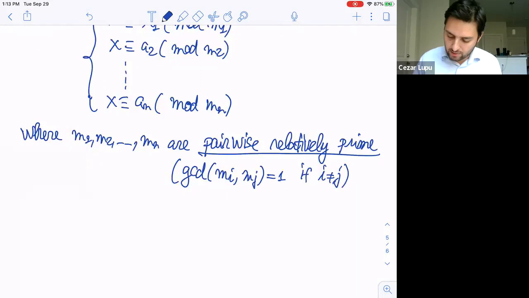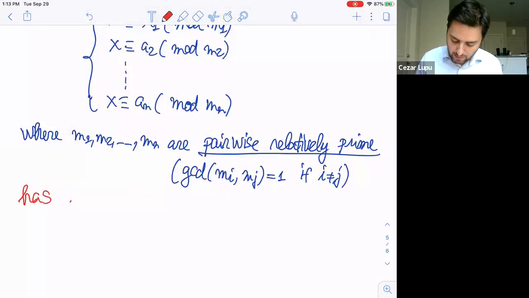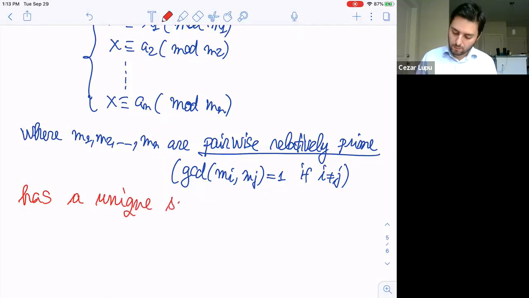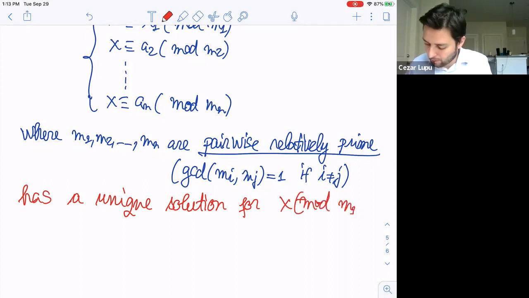So this system of congruences has a unique solution for X mod their product, M1 times through Mn. Phew.